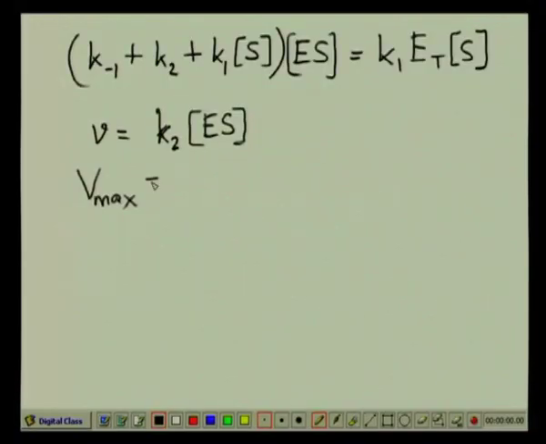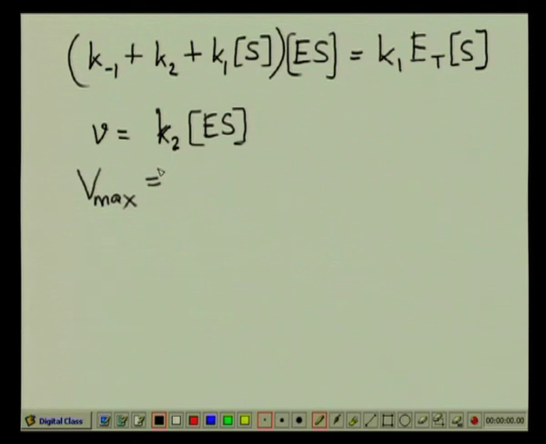And what is that a measure of? That is a measure of the total enzyme concentration. Because if all the enzyme were to react, then it would attain the maximum velocity possible. Okay. Now, this is something you should get very clear. If you are considering the maximal velocity, it is the highest reaction rate that can be attained because all of your enzyme is going to be saturated with the substrate. So, it is going to be K2 ET.